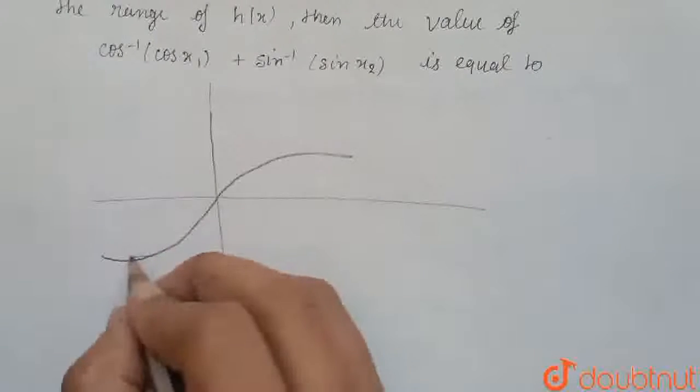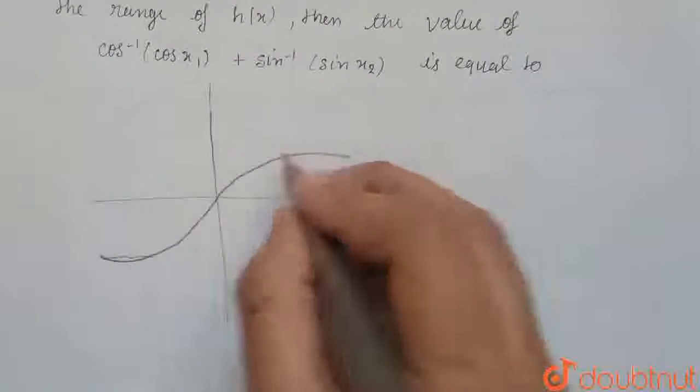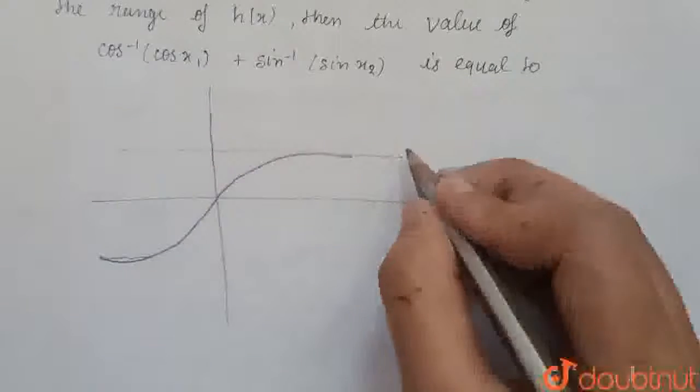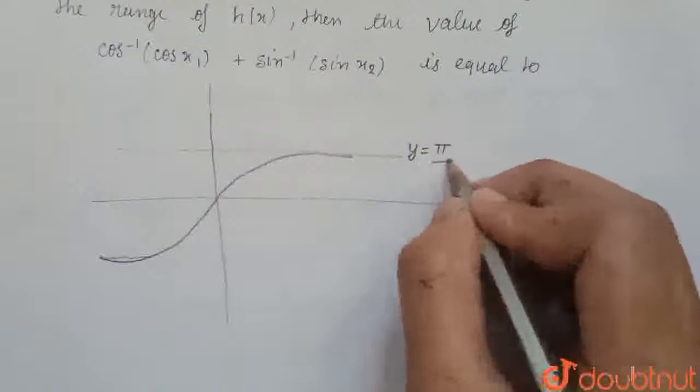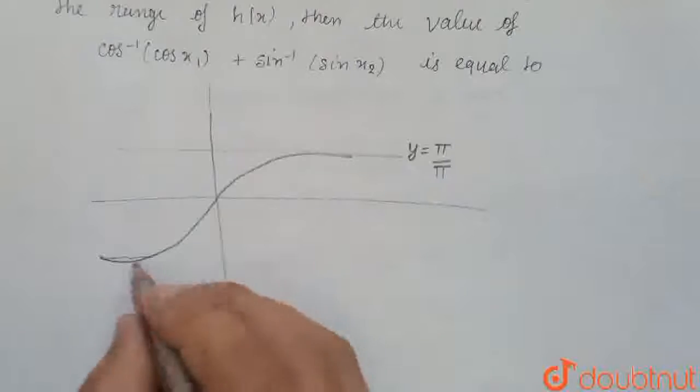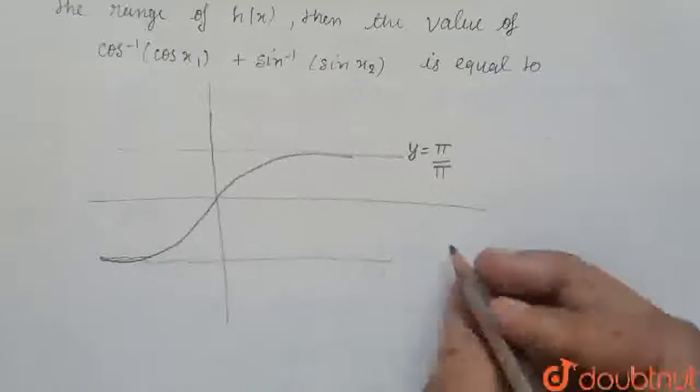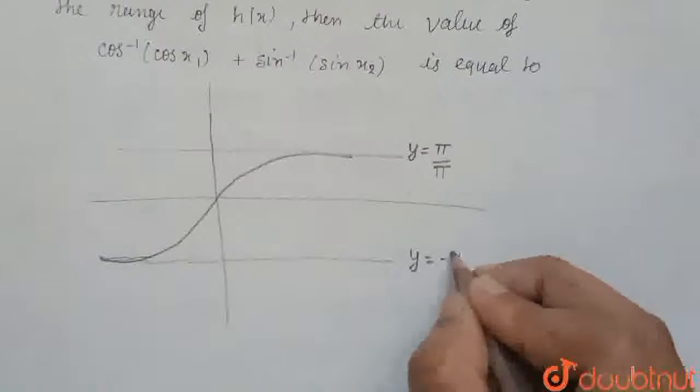Here this line is y equals pi by 4, and this line is y equals minus pi by 4.